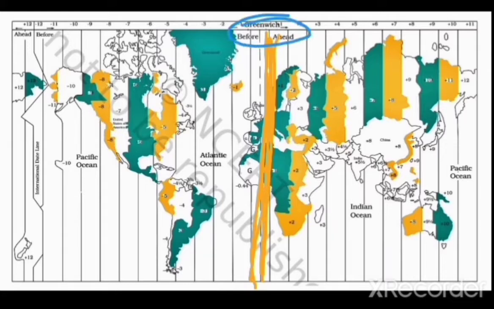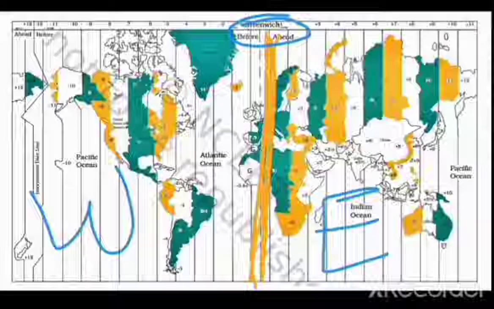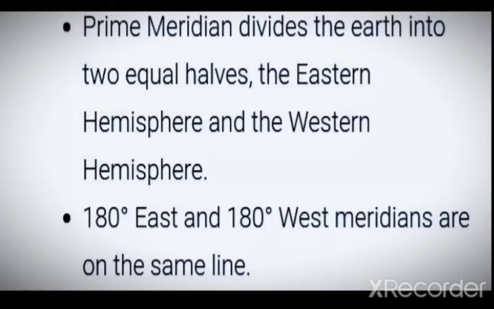This is the Greenwich area, this is the location, and all the area ahead of this line is the eastern hemisphere, and all the area to the left of this line is in the western hemisphere. As I have already told you, the prime meridian divides the earth in two equal halves, that is eastern hemisphere and western hemisphere.